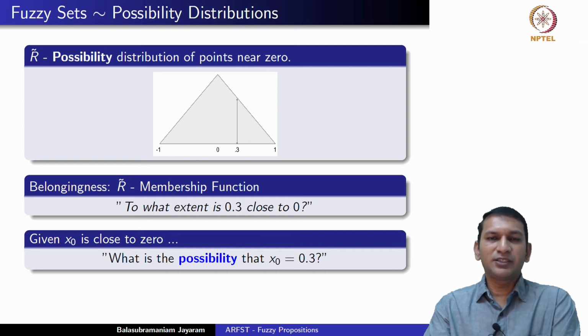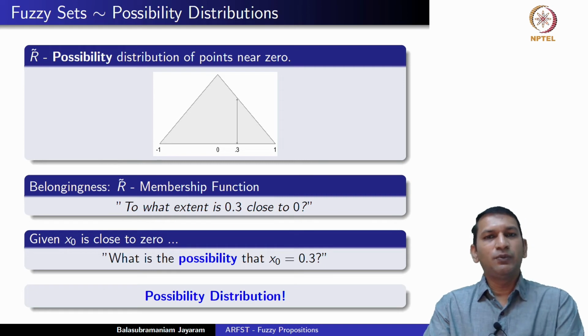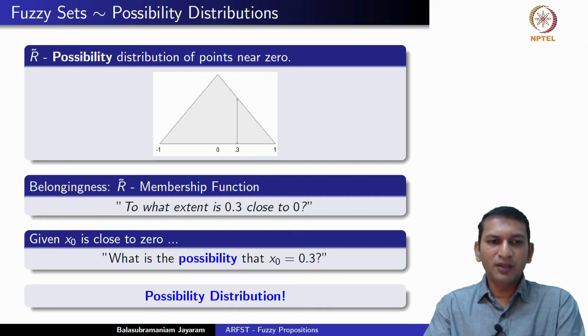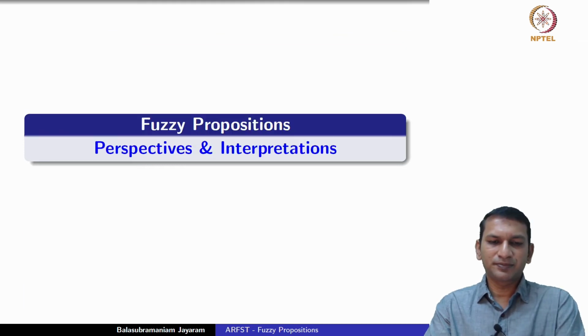We have picked up an x0 which is close to 0, and we can now ask what is the possibility that x0 is 0.3? If we were interpreting fuzzy sets like this, then we call that a possibility distribution. So we can look at fuzzy sets also as possibility distributions. So these are two ways to look at fuzzy sets, either as membership functions or as possibility distributions.